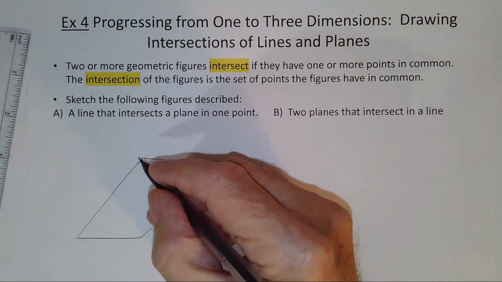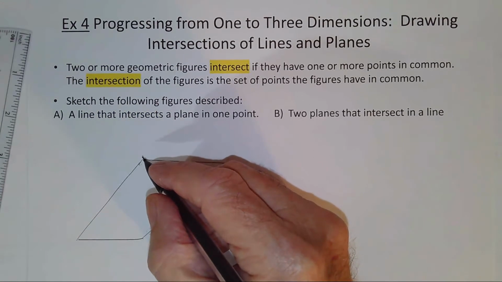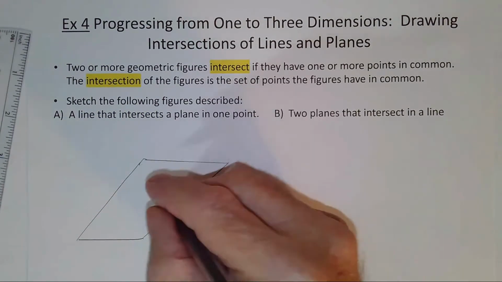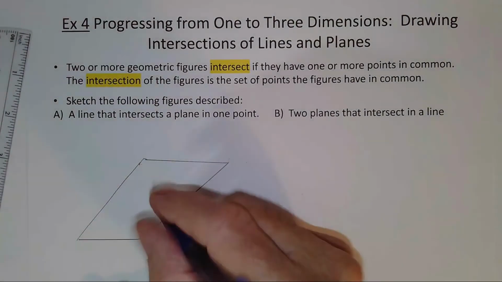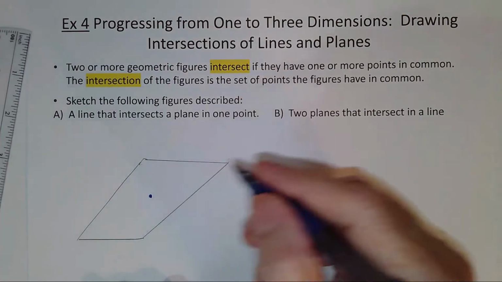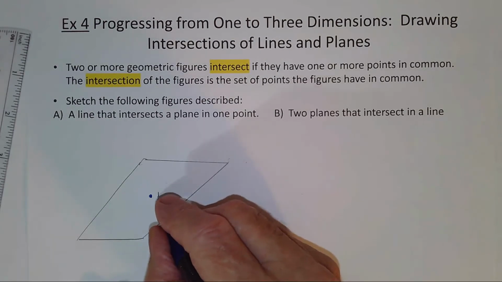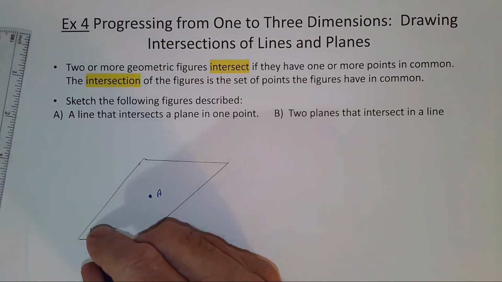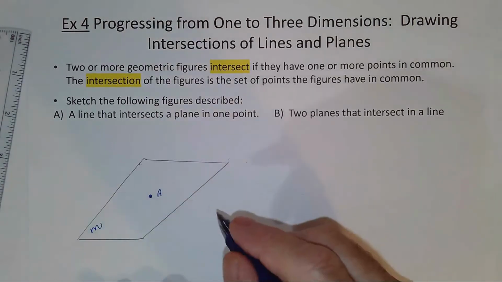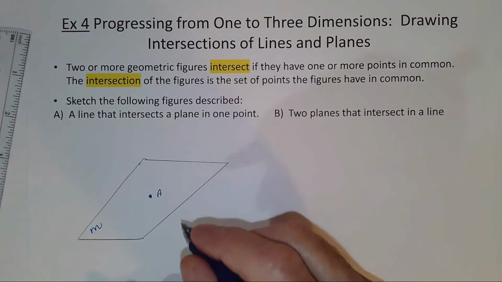And what I'm going to do is put a point right there on the plane. We'll call that point A, and we'll call this plane M. Give it a little curly Q. And then we're going to draw a line through it.